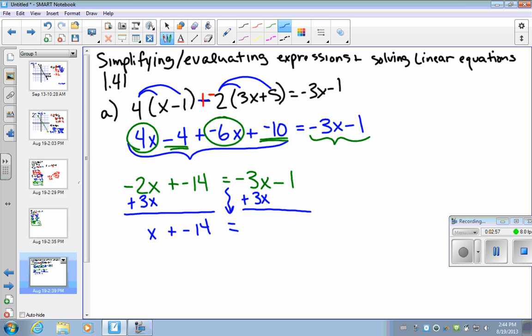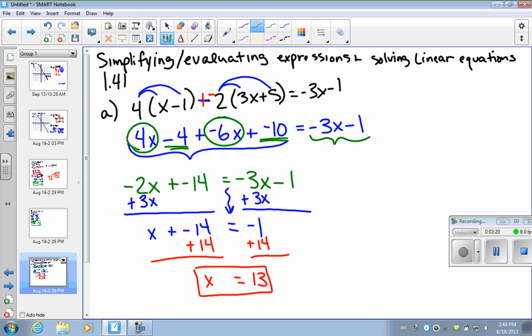And on this side, I have 0 minus 1, which is negative 1. And then the last thing I'm going to do over here is add 14 to both sides. And over here, I have x plus 0, which is just x, and negative 1 plus 14, which is 13. So my answer is that x equals 13.